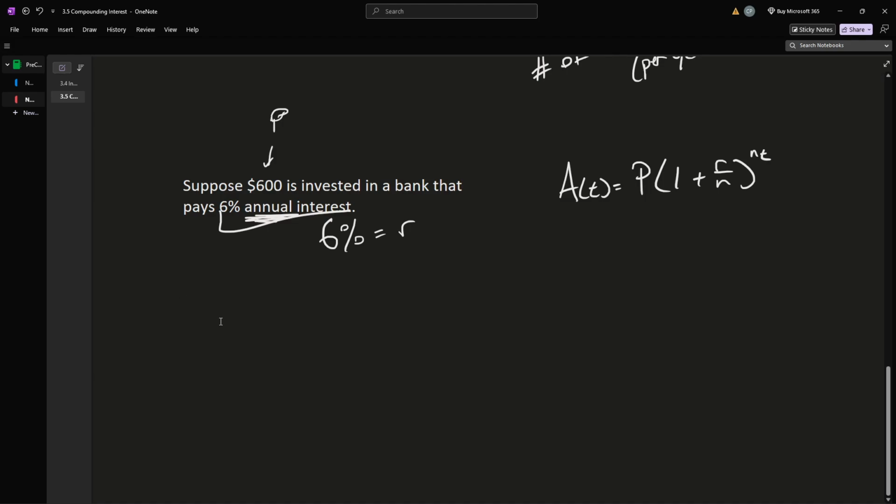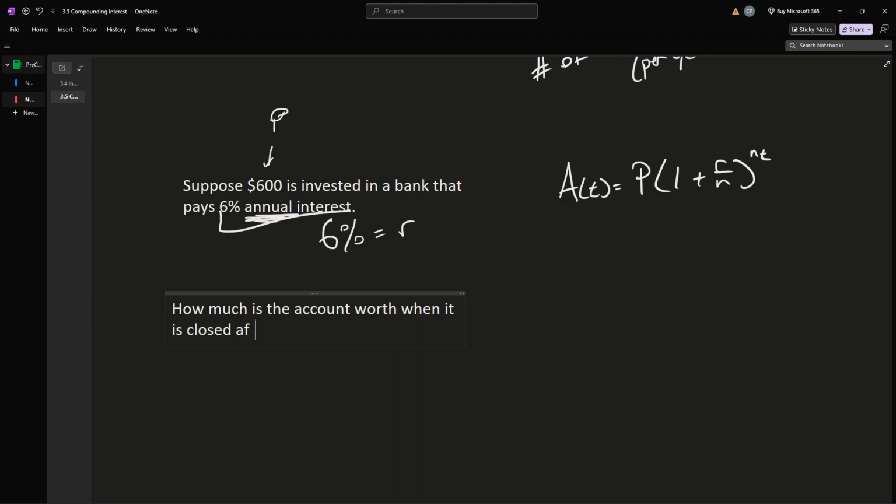So let's give it this little piece right here. How much is the account worth when it is closed after 5 years if the interest is compounded yearly?